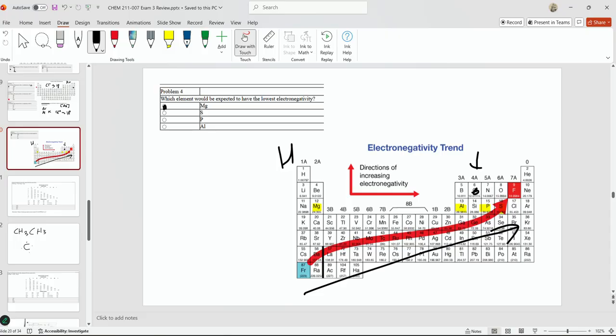So the one in the center has to have the most electronegativity?